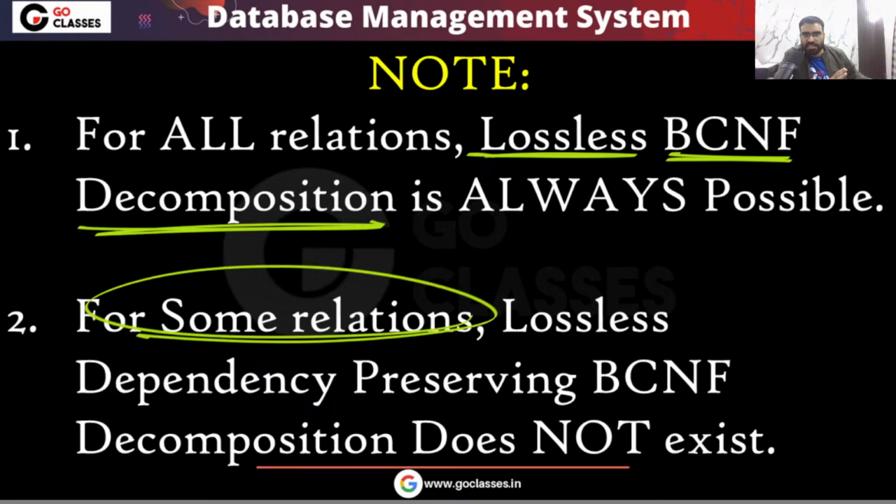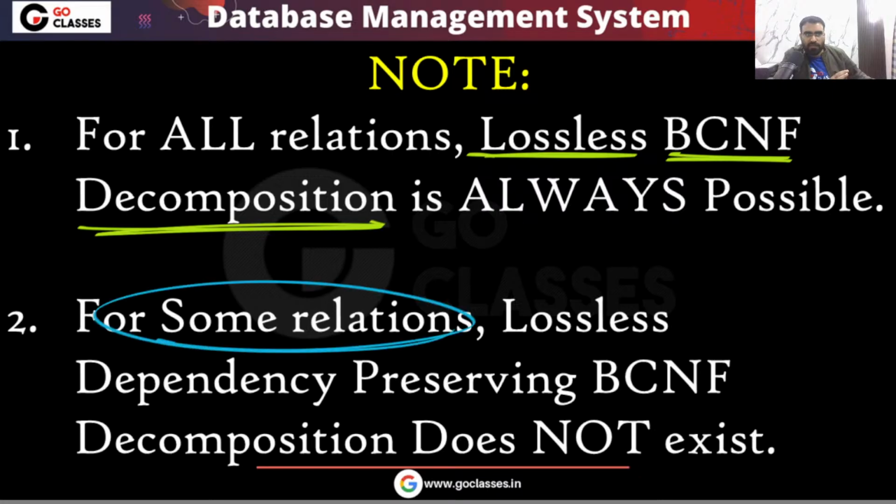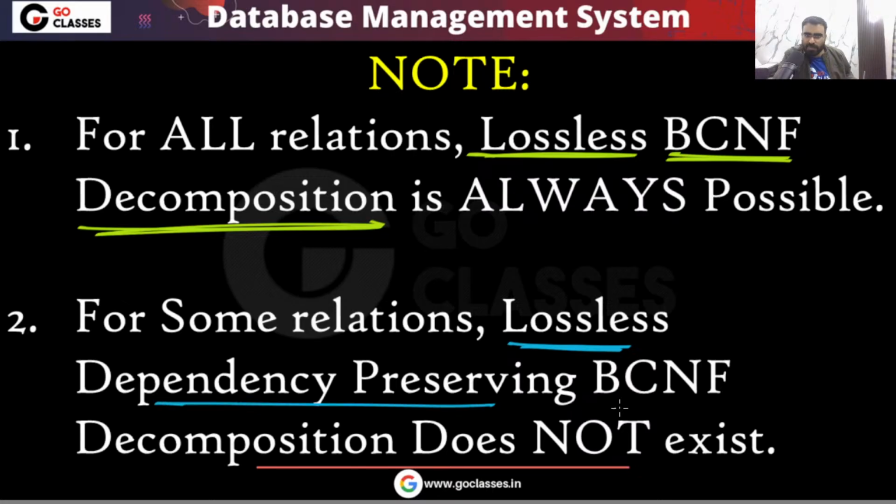Okay, remember, there are some relations for which, if you want all the three properties — lossless, dependency preservation, and BCNF — that may not be possible.